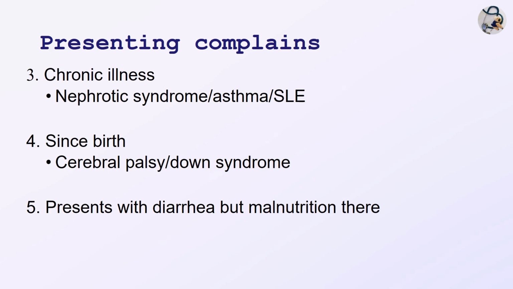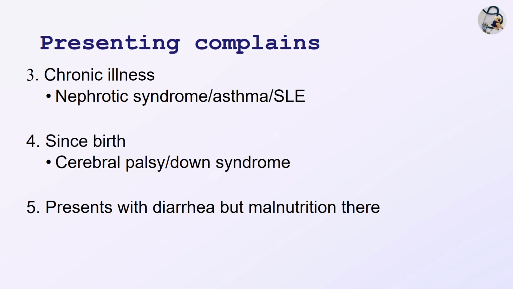Third, a child may be having chronic illnesses like nephrotic syndrome, bronchial asthma, SLE, febrile convulsions. So these are illnesses which have a relapsing and remission course. So this type of pattern you need to approach differently. Then some illness is there which starts since birth. Examples: Down syndrome, other chromosomal anomalies, or cerebral palsy, which starts very early in life.